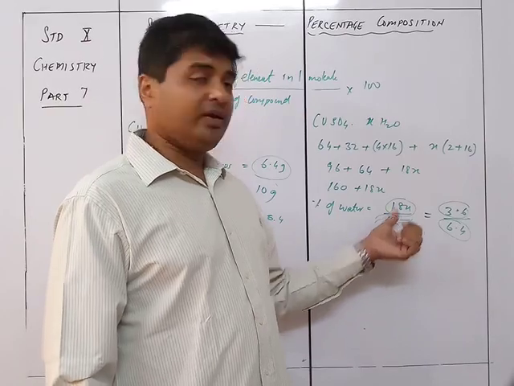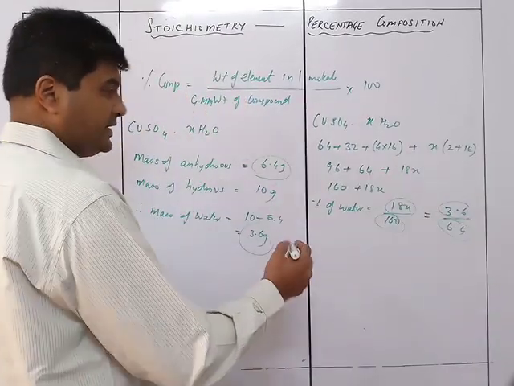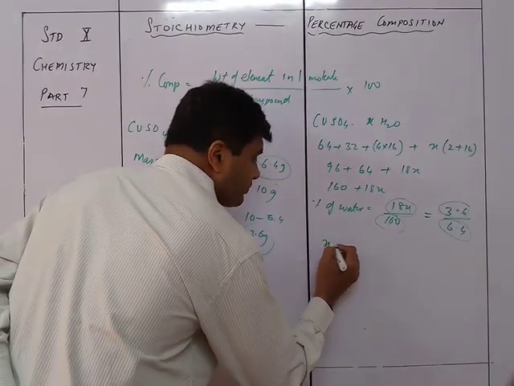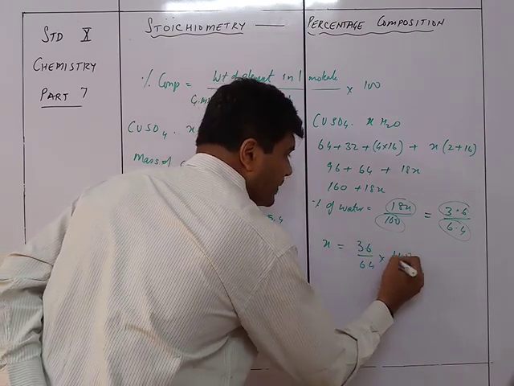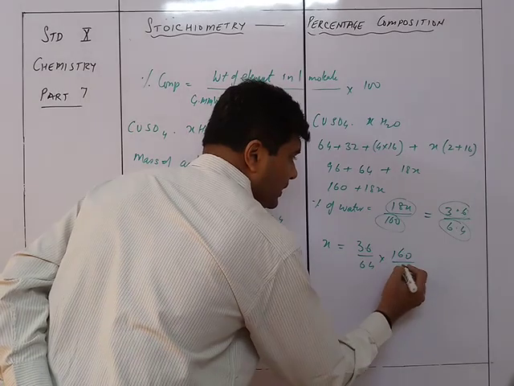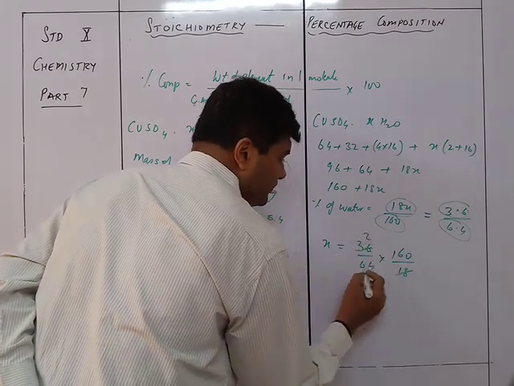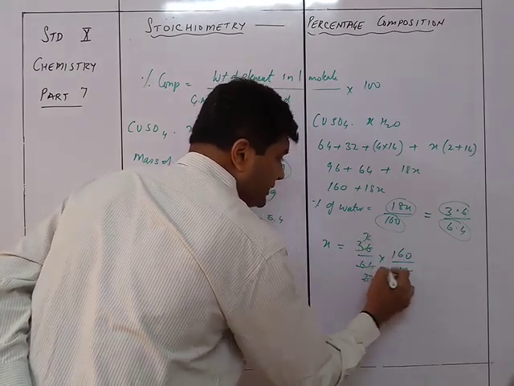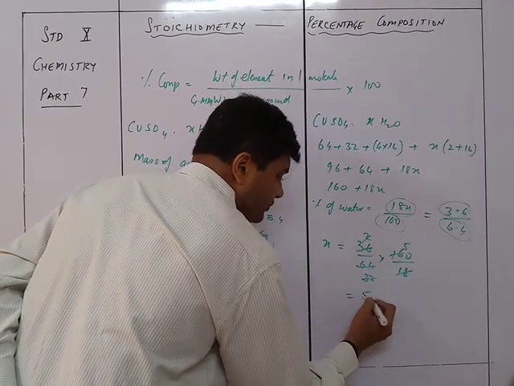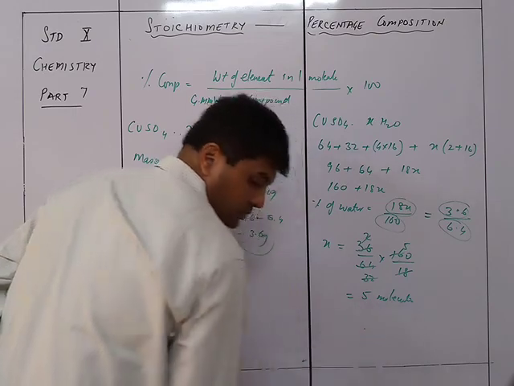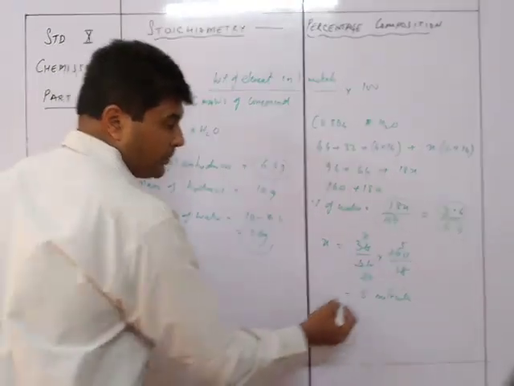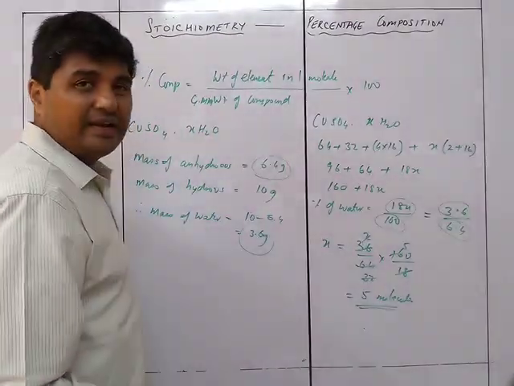So x is equal to 3.6 upon 6.4 into 160 upon 18. This is 2, and this is 32, and then 5. That is why the number of molecules of water of crystallization is 5.